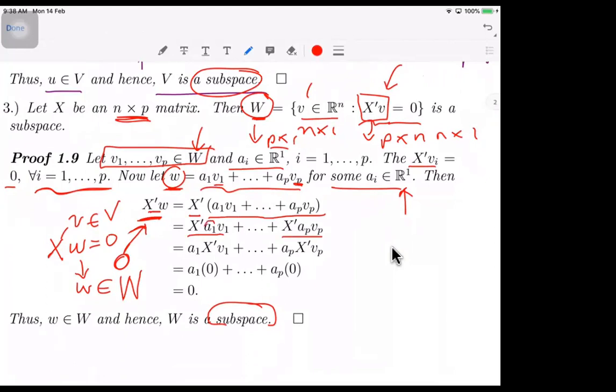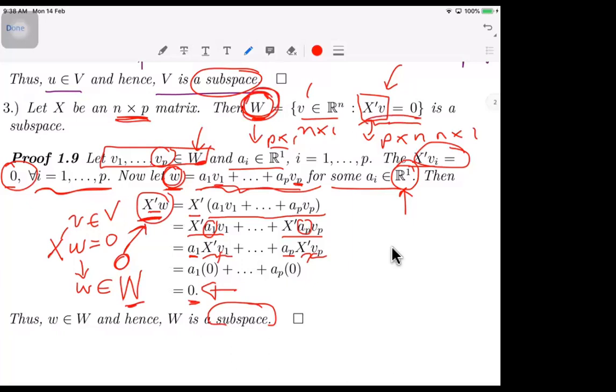And then since a_i here are just constants in R1, you can take them out. But this form here will be equal to 0. So everything will be equal to 0. So we have shown that X prime W is 0 whenever W is a linear combination of V_i, which is in W. Hence, W will be in the set W because it satisfies this.